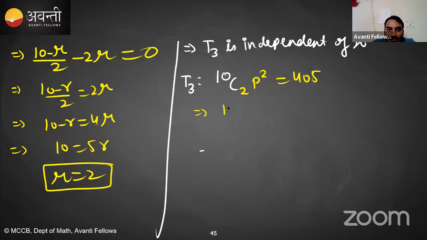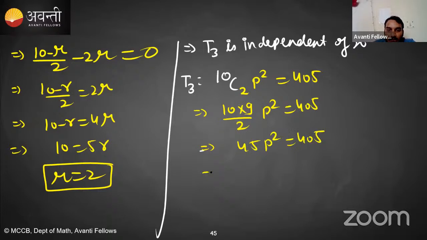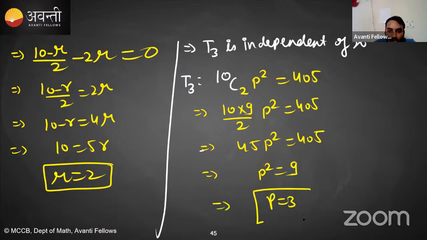So tan into 9 by 2 into p square is equal to 405. So 45 p square is equal to 405. So p square is 9, so p is equal to 3.